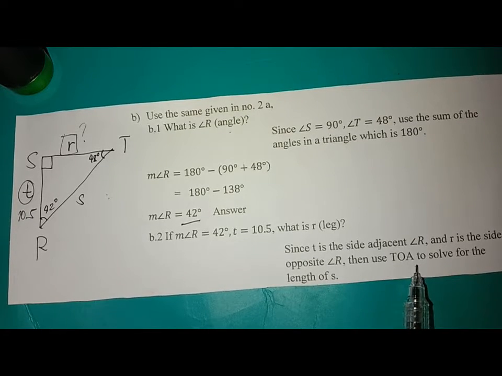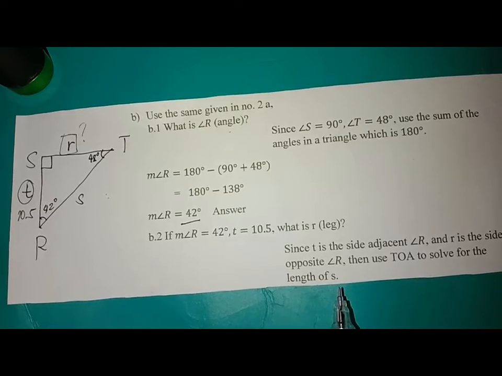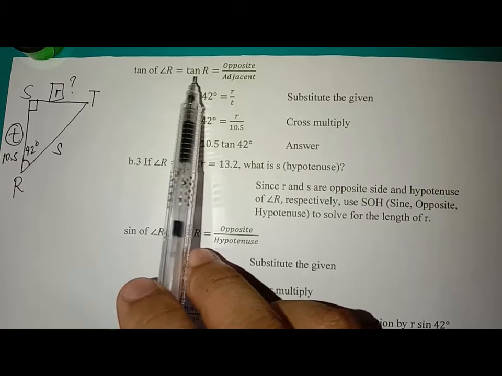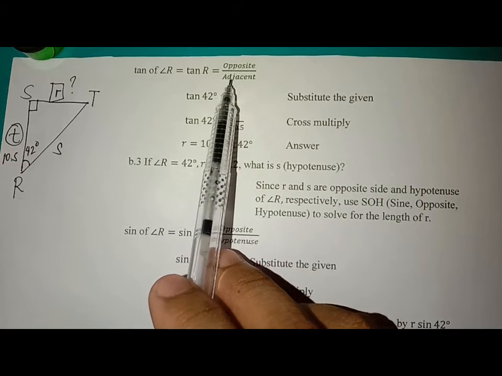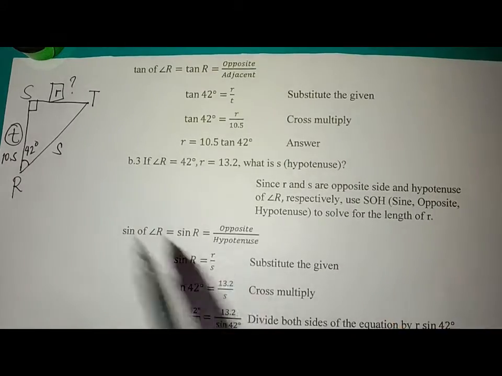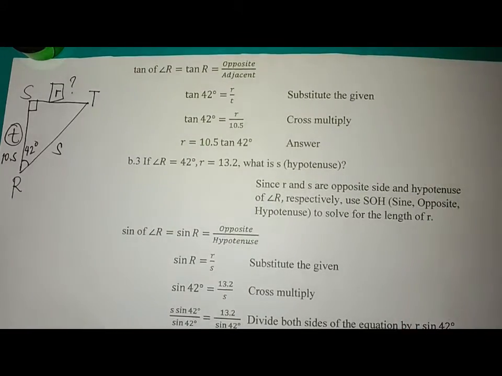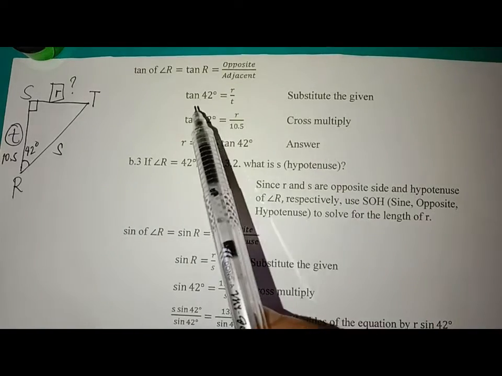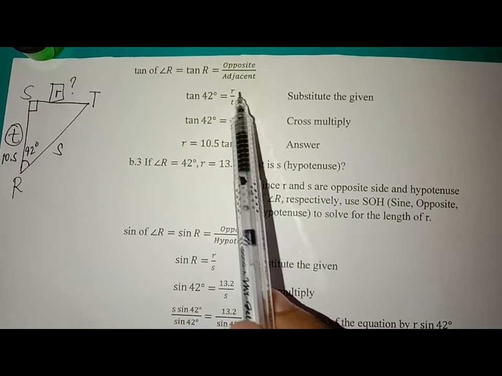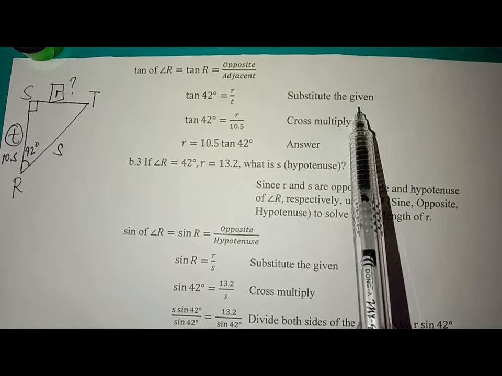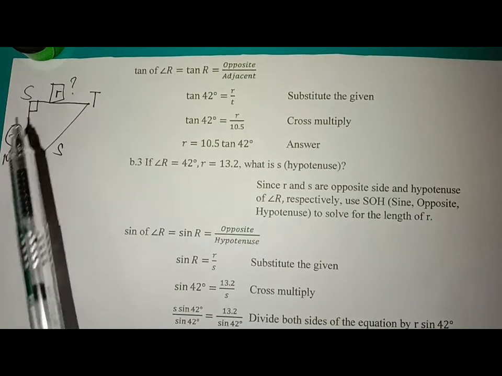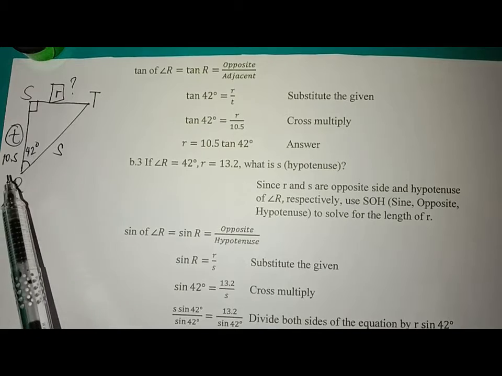Then use TOA to solve for the length of R. This is tangent of angle R equals opposite over adjacent. So what we use in this problem is TOA: tangent equals opposite over adjacent. So we have tangent of 42 degrees equals R over T. Substitute the given: angle R, which is 42 degrees, and the side T, which is 10.5.